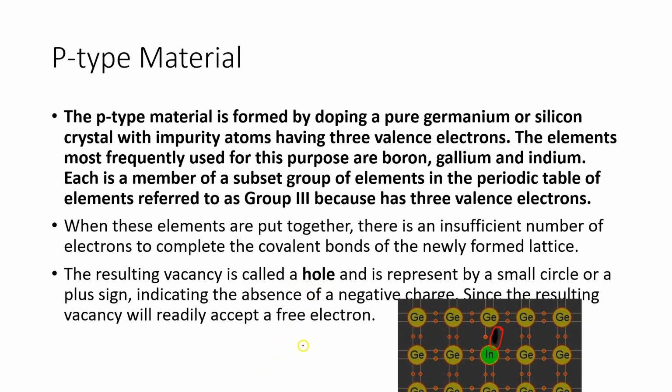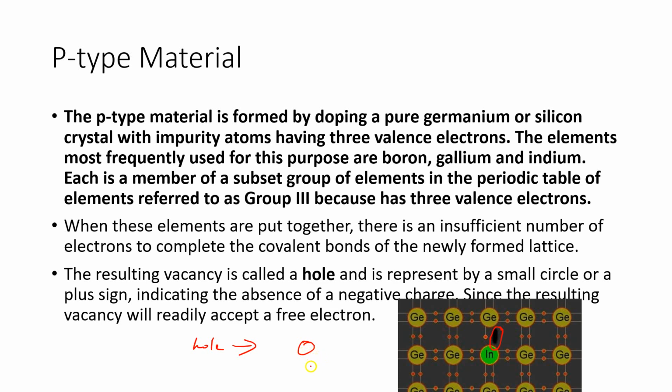In some cases, you'll see a circle to represent a hole, which just shows that there's an absence of electron.